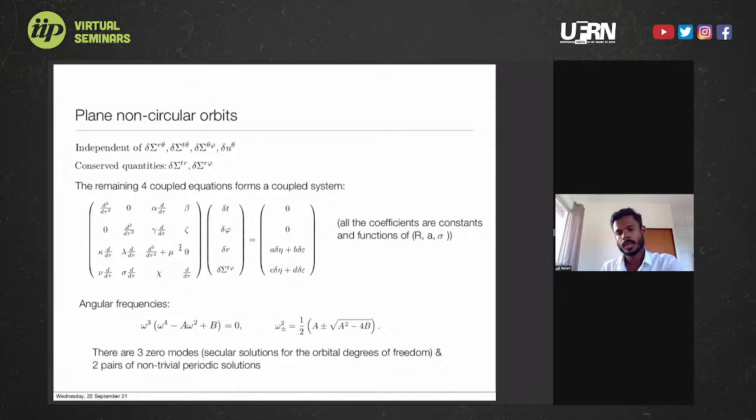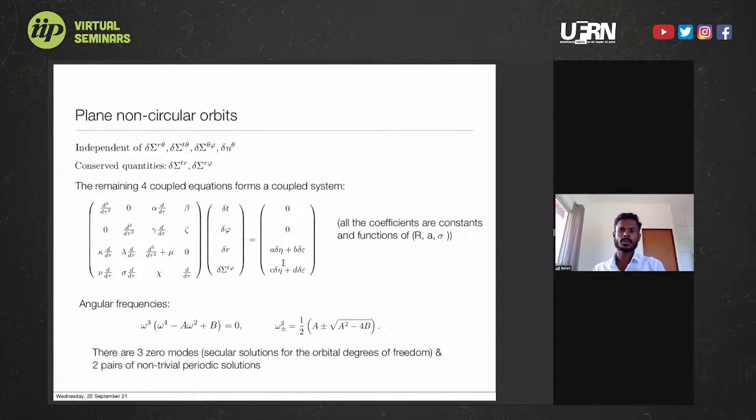Now if you look at this, it is an inhomogeneous equation where these coefficients alpha, beta, gamma, delta are functions of the radius, the black hole spin and the particle spin. On the right hand side, del eta and del epsilon are the change in the total angular momentum and the change in the total energy from the reference circular orbit.